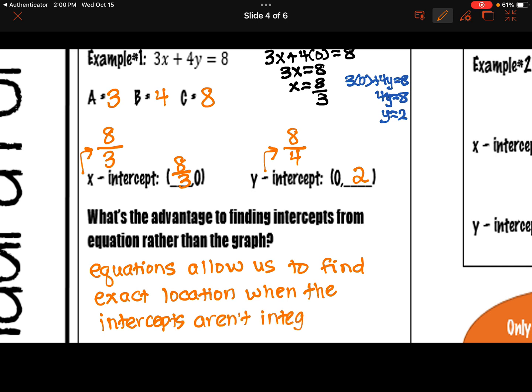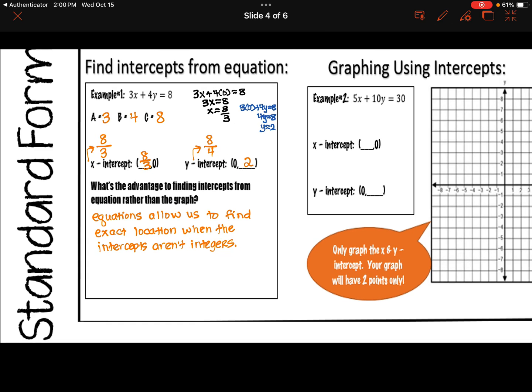So if they're integers, looking at a graph is super easy. I can be accurate. But if they're not integer values, then finding it from the equation, whether we're plugging in 0 or we're using our shortcut, that allows us to find the exact without having to estimate where we think it's going to be.